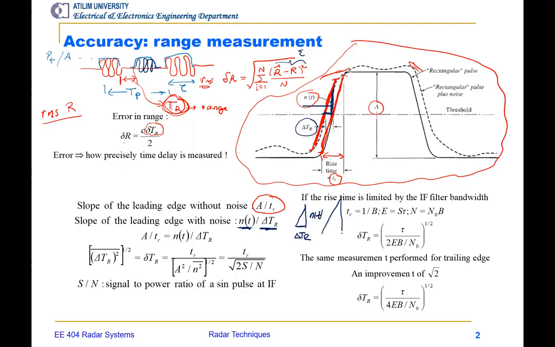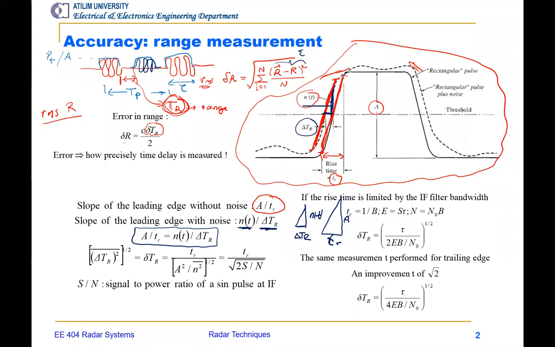The other one is tau r, sorry, TR, A. So they have the same slope. Then we equate them and we can write this equation. Here delta TR is unknown. This is the measured error.